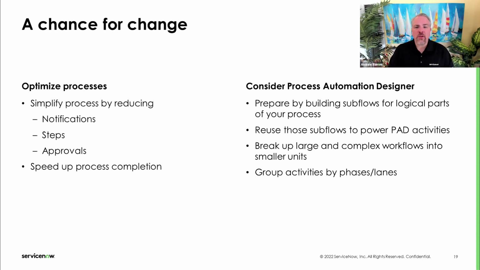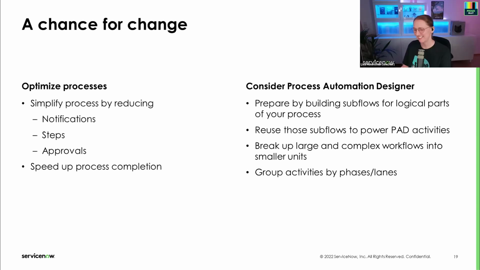So when you build those subflows and flows, you can make them available to now fit into a process that you can leverage in Process Automation Designer. So that's super exciting that those feed into each other. And the other ones that we mentioned on the other side, like Automation Engine and Document Intelligence and RPA, all of these things start to come together when you unlock their power by leveraging Flow Designer.